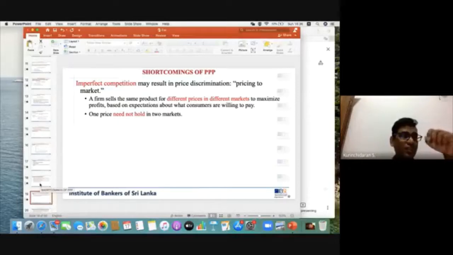Some of the items may be cheaper here, but the same product may be very costly in the US or EU, because they target the consumers and set different pricing to get more profit, based on the consumers' expectations. If we are not going to buy at the price sold in the US market, they will calculate and say, even at a lower price it's profitable if they can produce on a mass scale, so they will sell at a lower price.